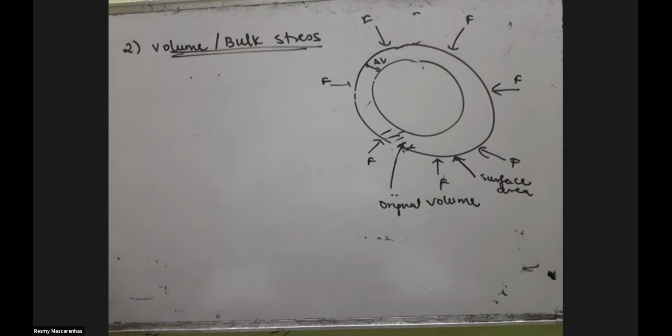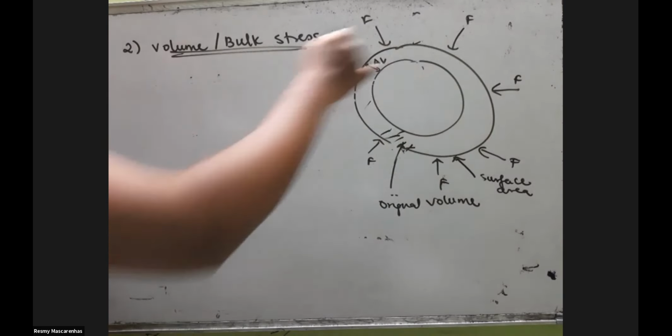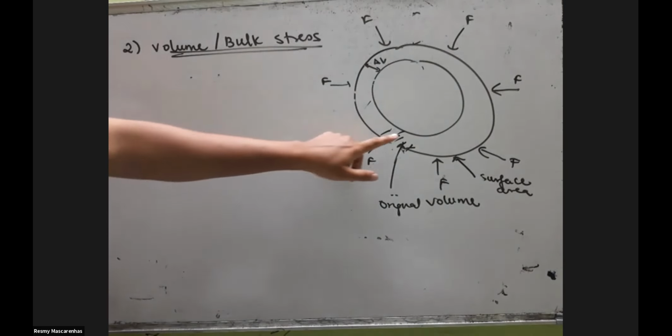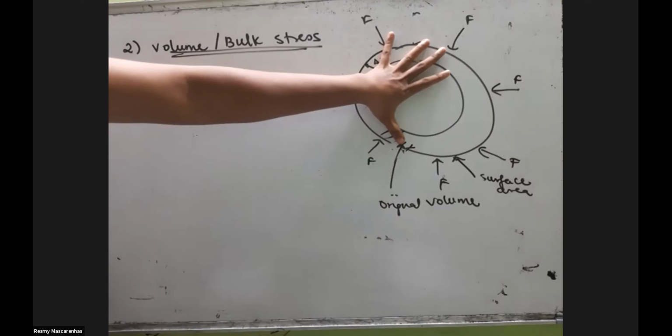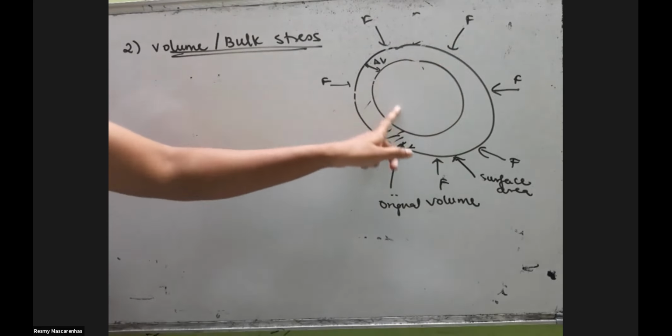Imagine a cup of tea. The outer cup that you're holding is your surface area. But if you fill up that cup with water, the water inside is the volume. So it's the space which is provided, and area is nothing but a flat surface, like the outer area. And this is volume. So the original volume is a big circle, the entire thing, and the smaller one means this part, this volume.